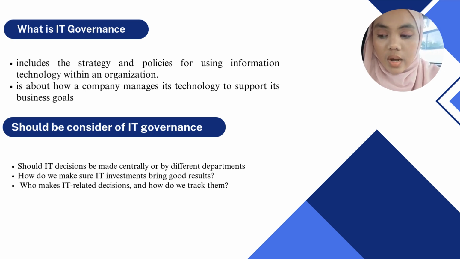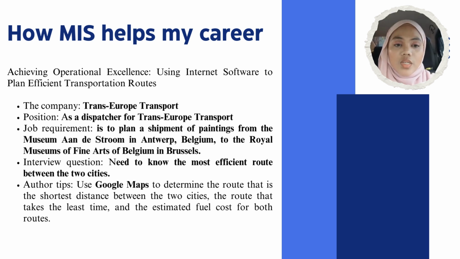As a dispatcher for Trans-Europe Transport, my job is to plan the best route for shipping paintings from the Stroom museum in Antwerp to the Royal Museum of Fine Arts in Brussels. Using Google Maps, I can compare routes based on distance, travel time, and fuel cost.